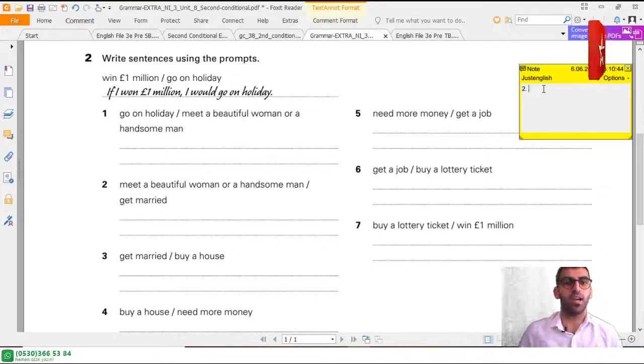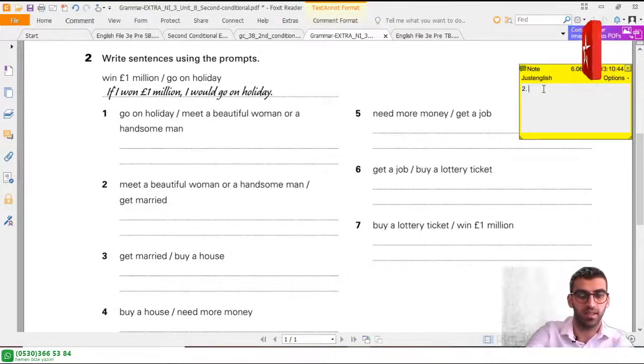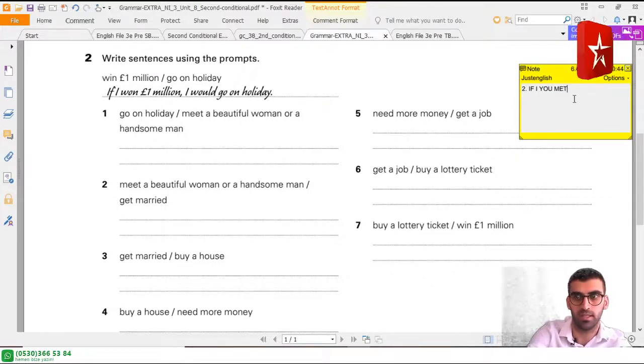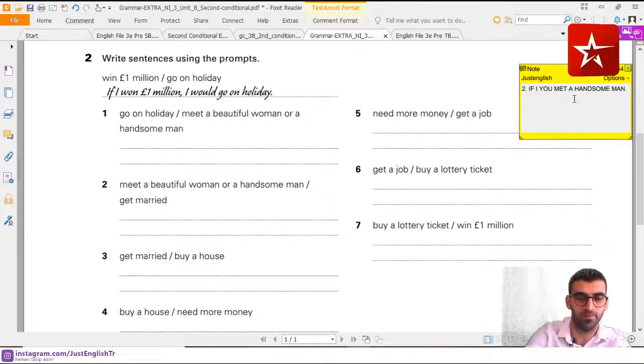Yes, number 2, if I met, or like if you met. This is a positive or question. Let's write the question forms firstly. If you met a handsome, or like a beautiful, handsome man.